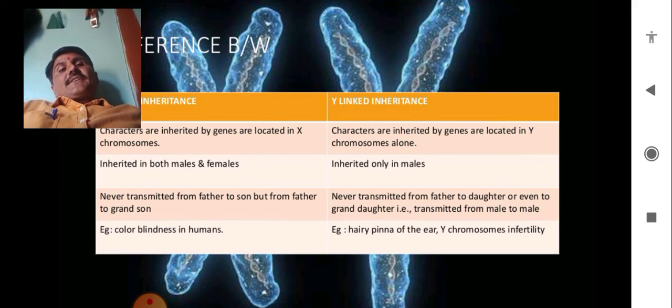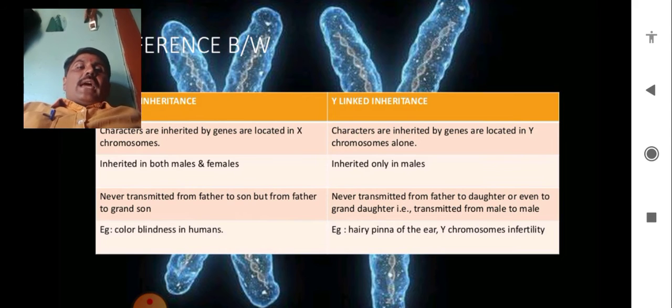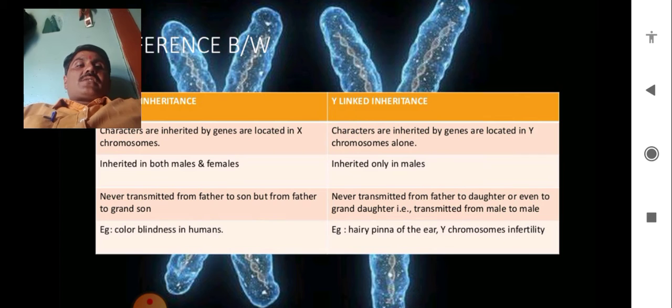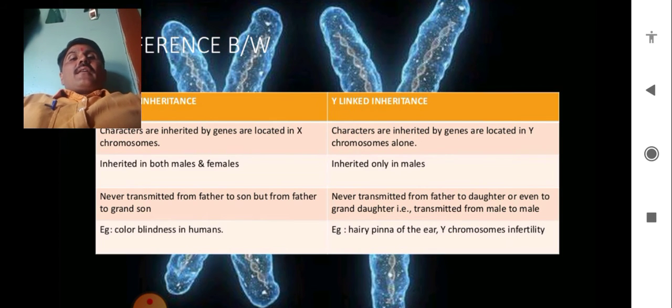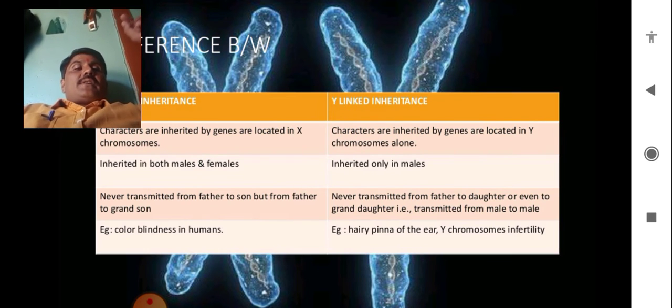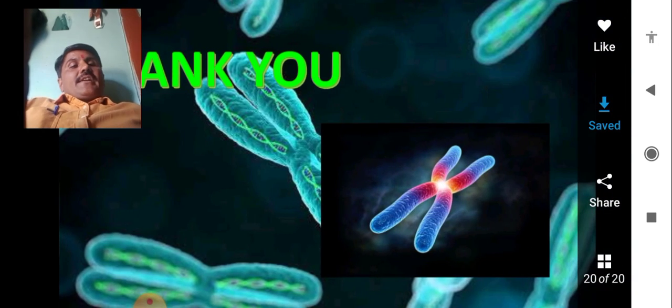In X-linked inheritance, it is never transmitted from father to son, but from father to grandson. In Y-linked inheritance, it is never transmitted from father to daughter or even to granddaughter; it is transmitted from male to male. Now, we studied that never transmitted from father to son but from father to grandson means recessive genes. Examples are color blindness in humans, hairy pinna of the ears, and Y chromosome infertility.